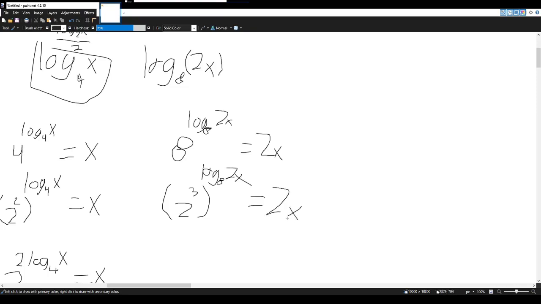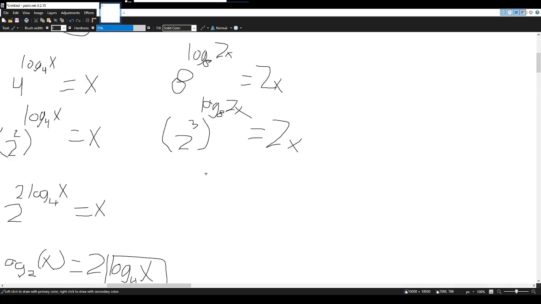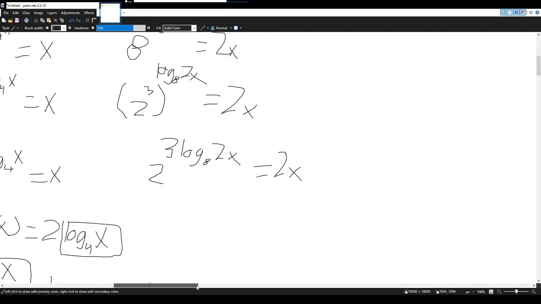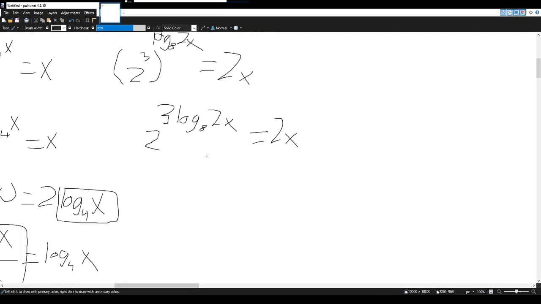Then same trick as before, 3 log base 8 of 2x as the exponent equals 2x. Now we rewrite the whole thing. These are pretty much the same, they just look a little bit different, but the 2x really doesn't change anything. So it's the same process for both the log base 8 of 2x and the log base 4 of x. Write this as log base 2 of 2x equals 3 log base 8 of 2x.